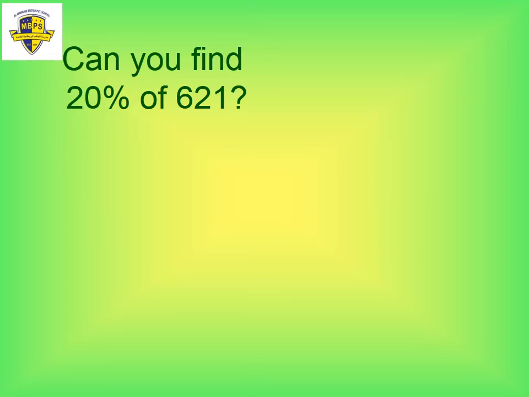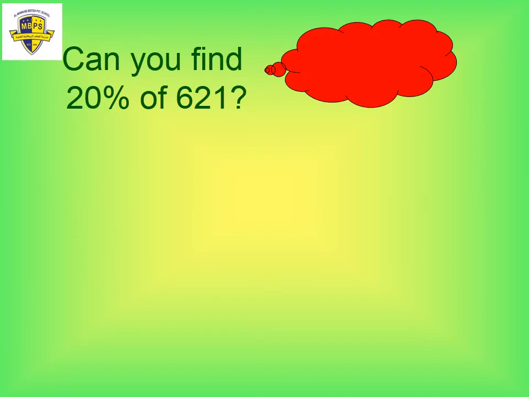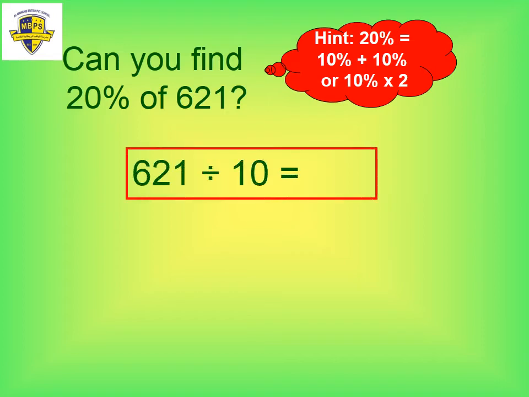First, we have to find 10%, then we multiply it by 2. Excellent. Because 20 equals 10 plus 10, or 10 multiplied by 2. So first, let's find 10% of 621. 621 divided by 10 equals 62.1.